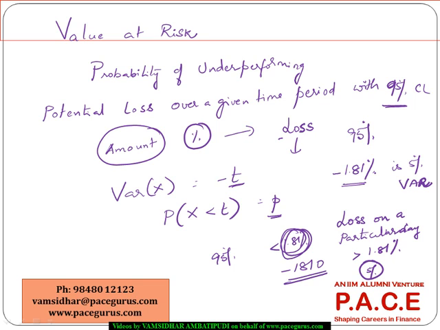But the biggest thing is that this concept of value at risk works better if the distributions are more normally distributed. If the return distribution is normally distributed, this makes a lot of sense.